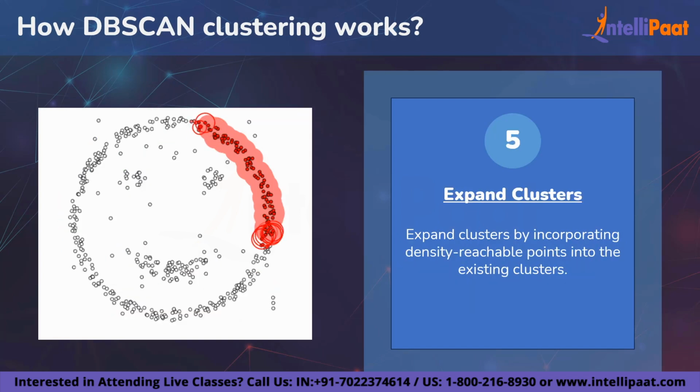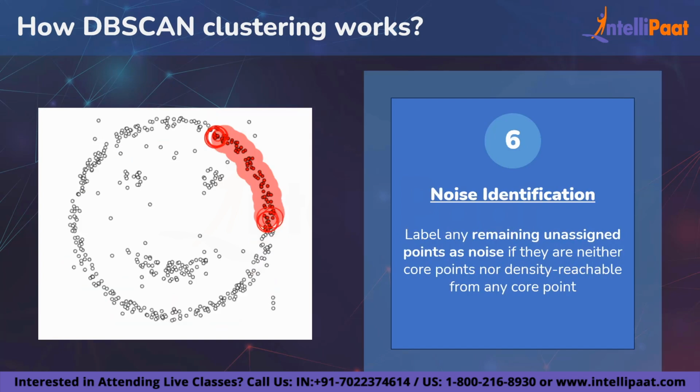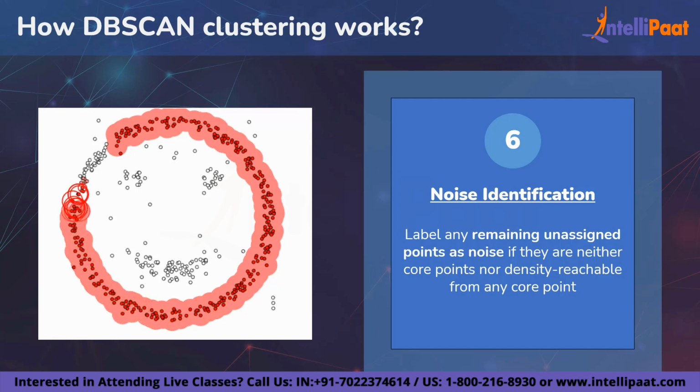Next, step number 5 is to expand these clusters by visiting the unvisited data points, finding the border points and adding them to the existing clusters. And the last step, number 6, is to identify the noise by labeling any remaining unassigned data points as noise. They are basically neither a core point nor a border point for any core point. So by that, they are identified as noise.